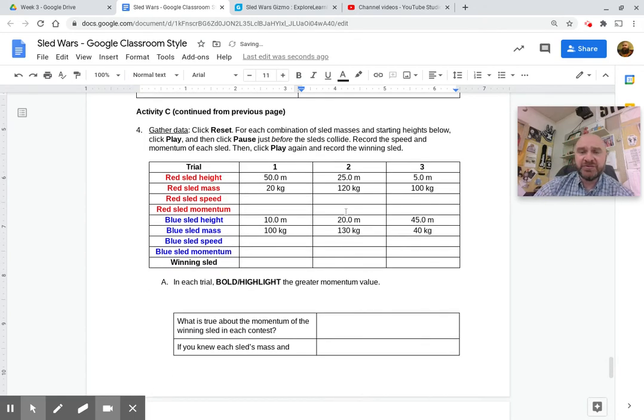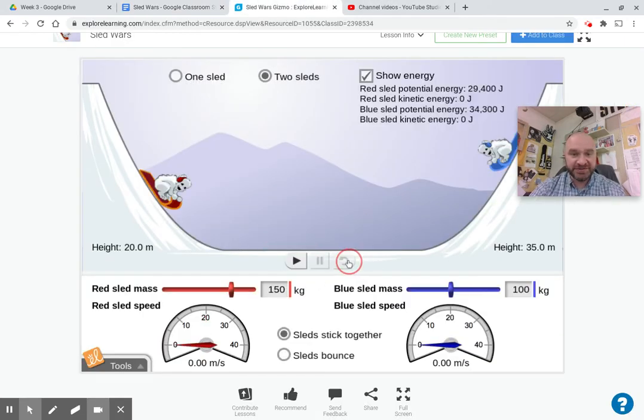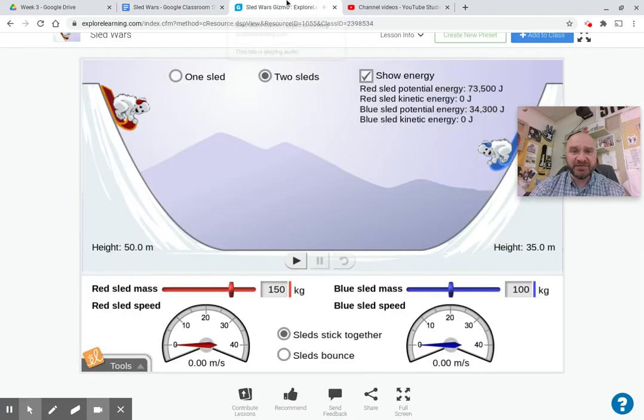Now we're going to be doing this chart. Each of these trials, so there's trial 1, trial 2, trial 3, involves different settings. So for trial 1, they want the height to be 50. So we are going to reset height to 50. Good. And then a mass of only 20. Oh, you get smaller.